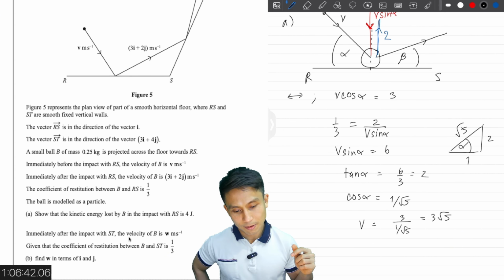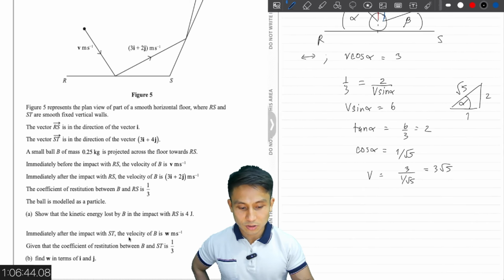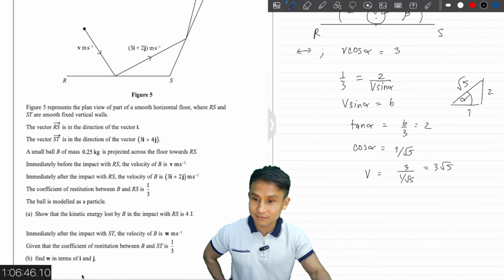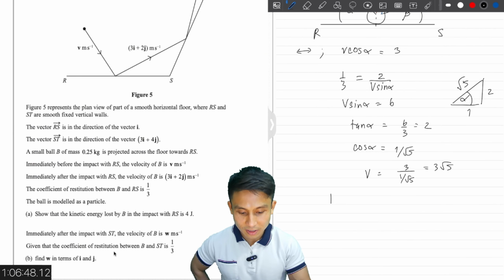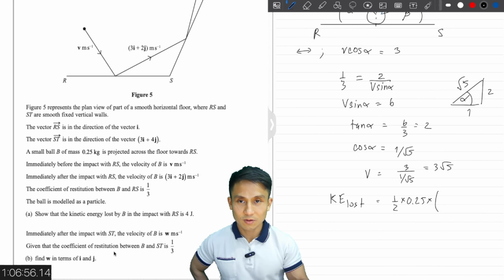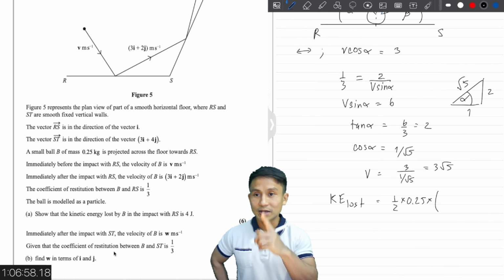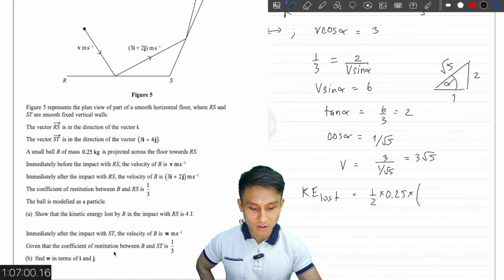Okay, so we want the kinetic energy lost. So KE loss is just 1/2 times the mass, which is 0.25, times the speed squared before hitting the wall minus after.